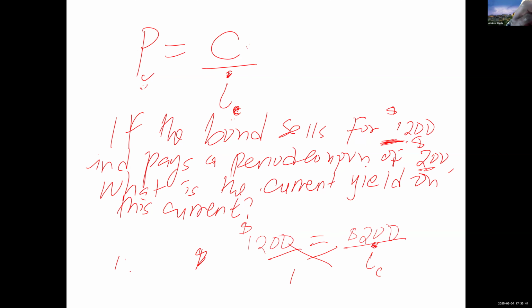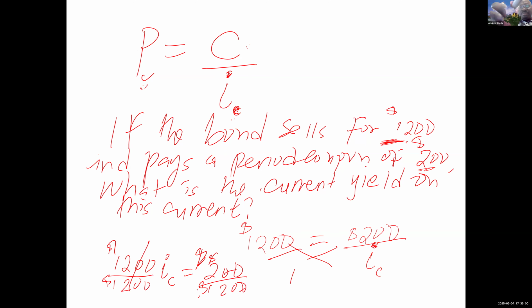You get 1,200 multiplied by I must equal 200. So this is dollars, this is dollars. So divide both sides by $1,200. It cancels. So you get 200 over what? 1 over 10? No. This is 12. It's going to be 1 over 6.